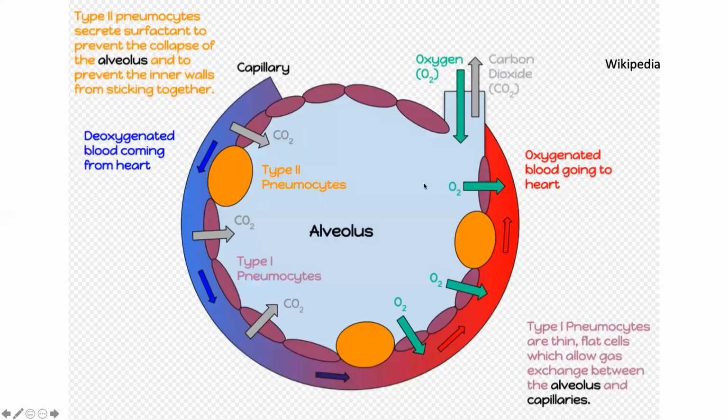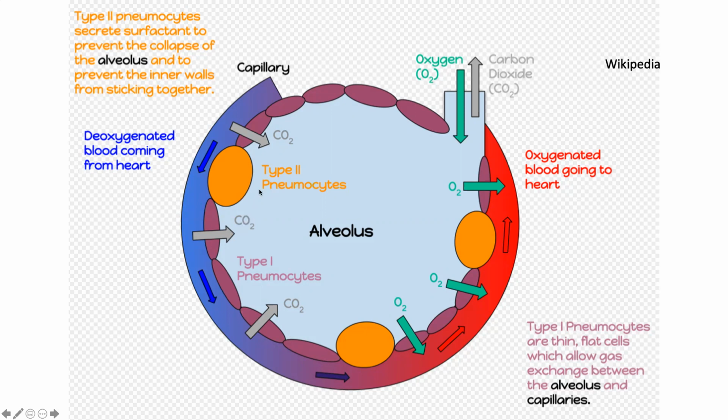As the pulmonary capillary cycles around the alveolus, blood which carries oxygen will cross here, and the carbon dioxide will cross through the type 1 pneumocyte, which is the simple squamous cell, across the respiratory membrane.